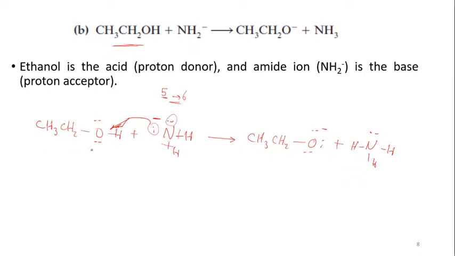So I started from the one which gave up protons, so this is my acid. And this one, which accepts the protons, is my base. This will be my conjugate base because it's the opposite of that one, and this is my conjugate acid, because it is the acceptor of the proton.